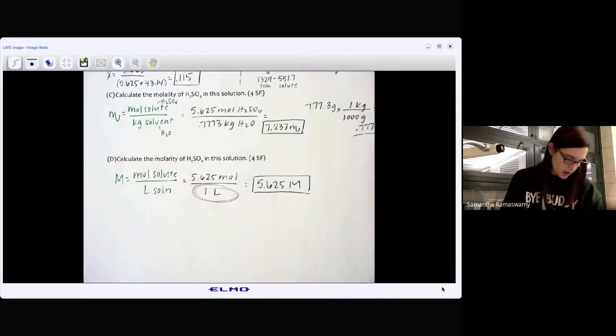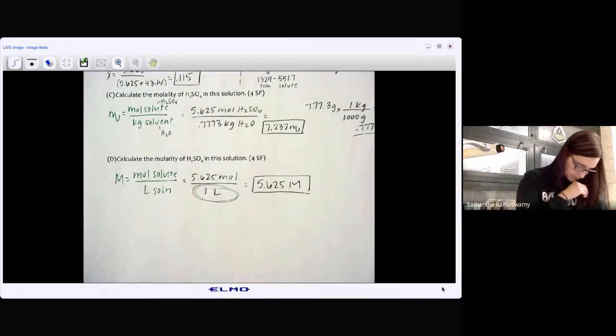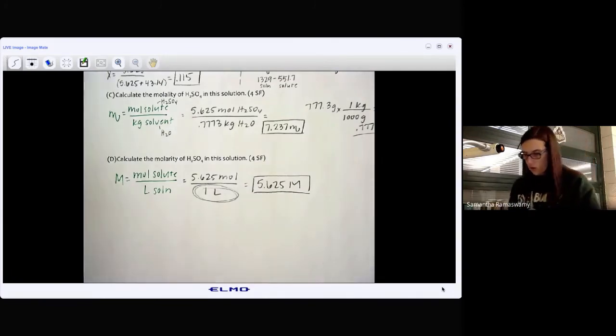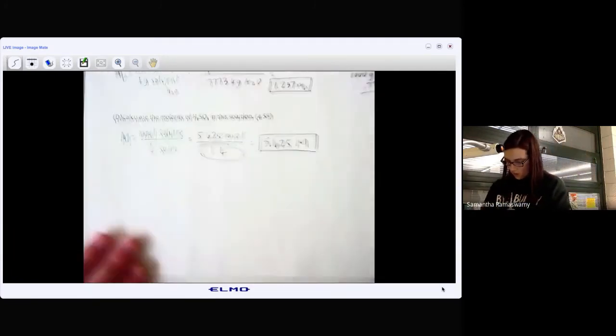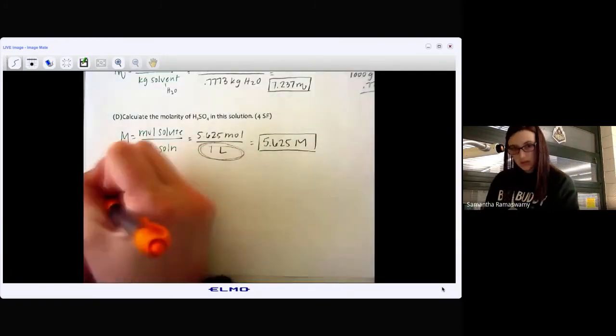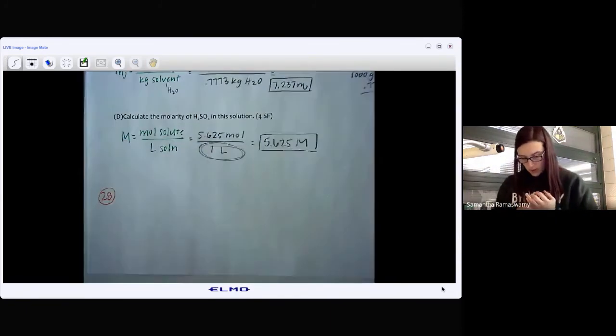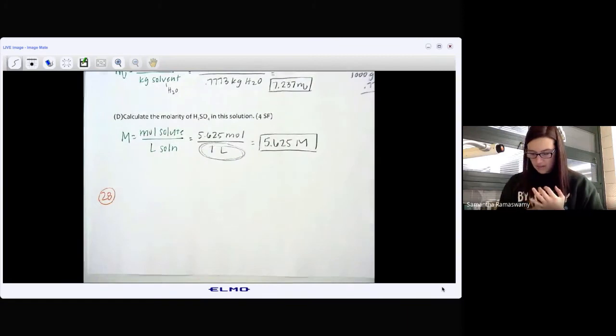And then one other quick hint I wanted to give you was for 28. So down here at the bottom, for number 28, it's talking about brass, which is an alloy.